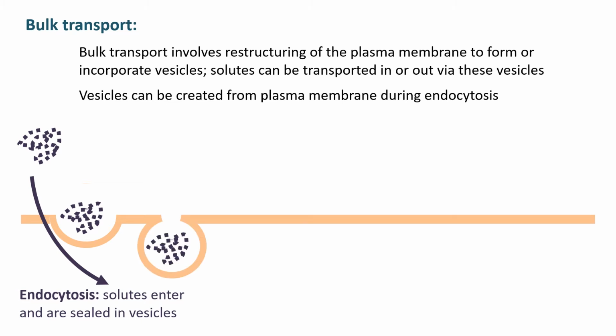Eventually, the plasma membrane starts to close up again, and we've nearly got a whole vesicle formed. Of course, the next step is we've formed a whole vesicle, the vesicle's moved away from the plasma membrane. So yes, that vesicle is made with a little bit of the plasma membrane. Within it, we have the solutes that we've taken into the cell. So this is bulk transport, endocytosis.